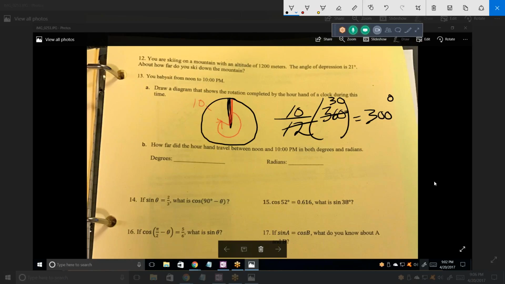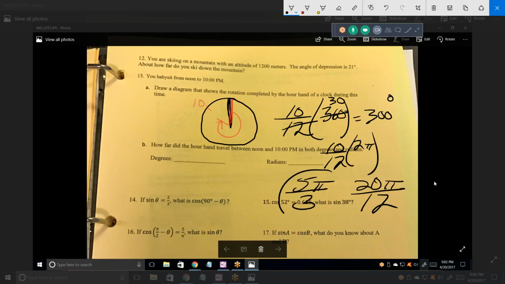Yeah, and if you want it in radians, do 10 over 12 times 2 pi. That's 20 pi over 12, which is 5 pi over 3. That's 300 degrees also. And that's all you do on these, is figure out what part.